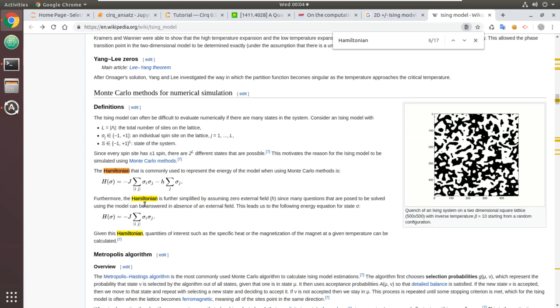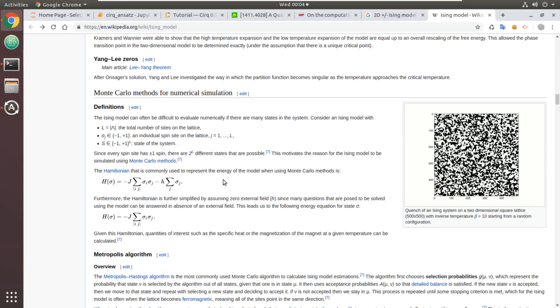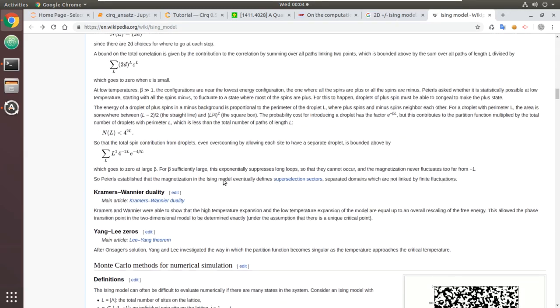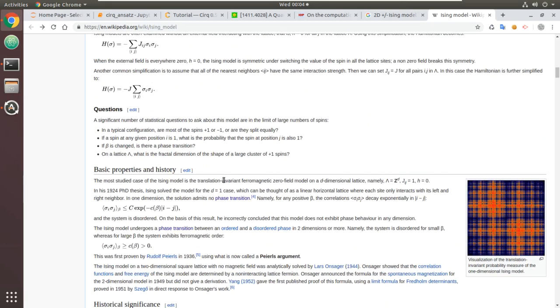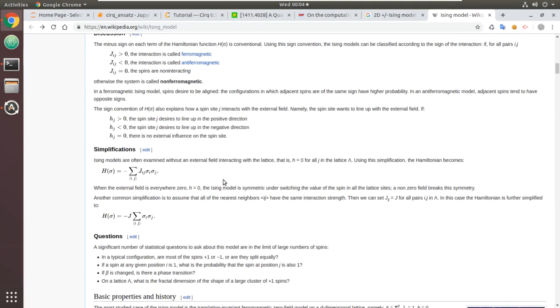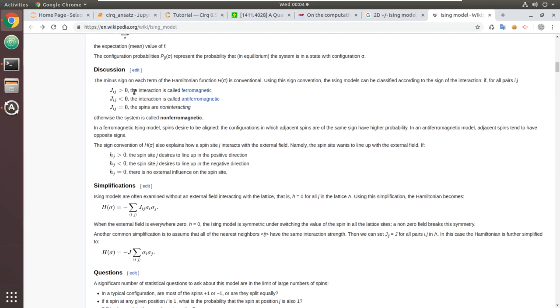So furthermore, the Hamiltonian is further simplified by assuming zero external field. Okay, so the H is the external field. And what is J? The energy of the model using Monte Carlo method is, okay. What is this J then? It's explained in here. The minus sign on each term of the Hamiltonian function is conventional.